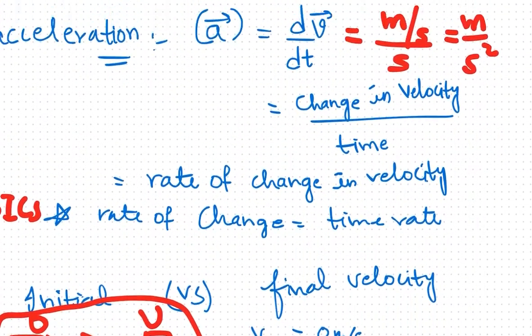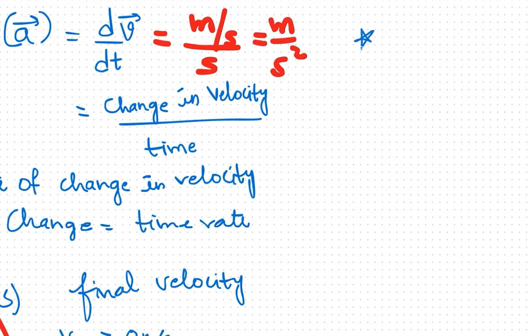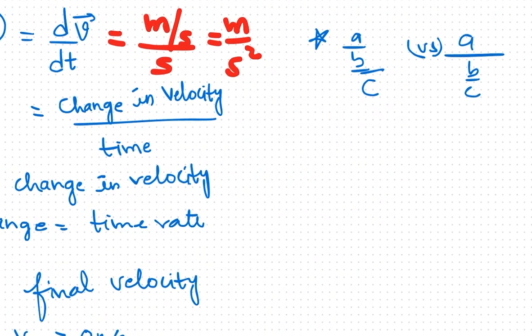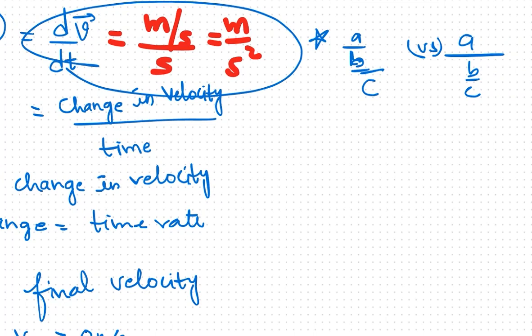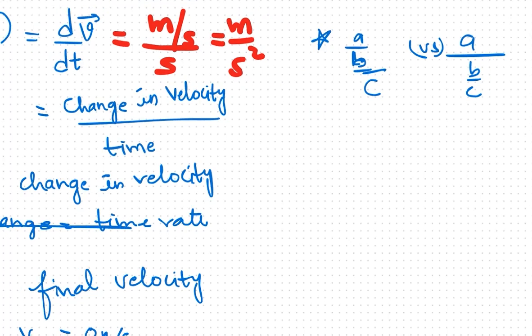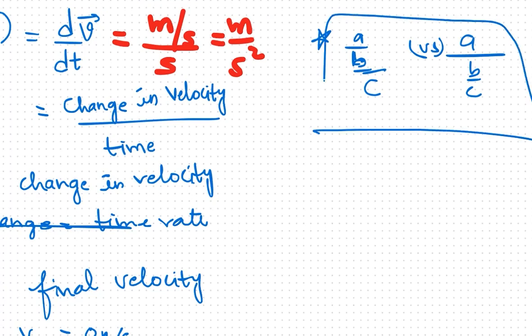Do you know how to divide fractions? Let's say a by b by c versus a upon b by c. What is the difference between these two fractions?